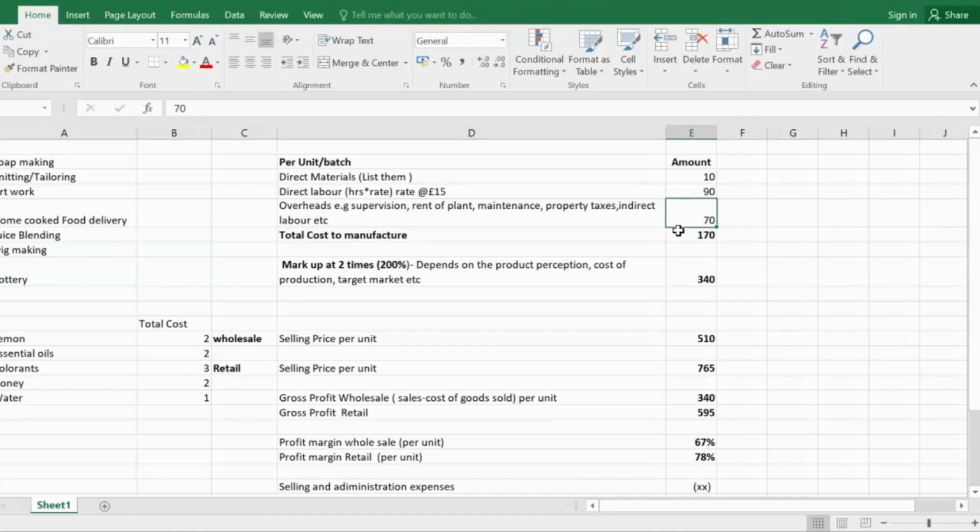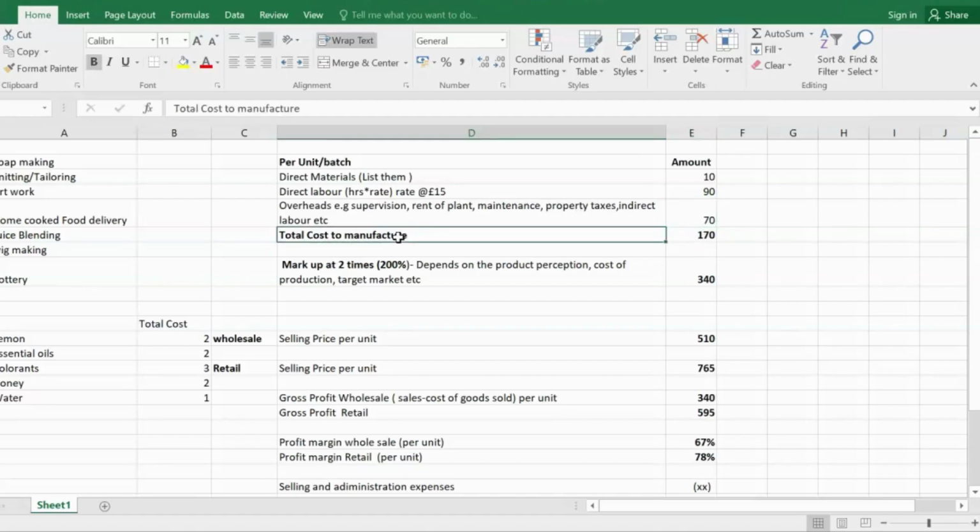You can use an approximate and set the cost for that. You can use this as per batch or per unit. So it's up to you to determine how much goes into one unit. And there's a formula for that, but because I want to simplify this method, I won't go into so many formulas.